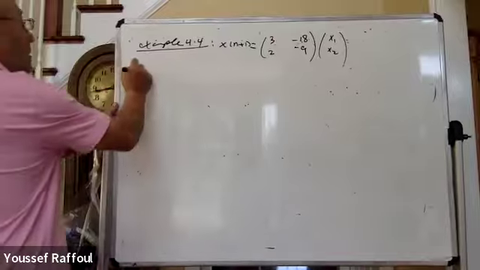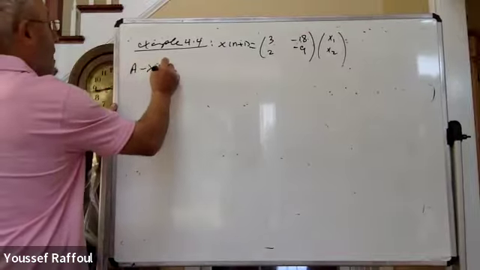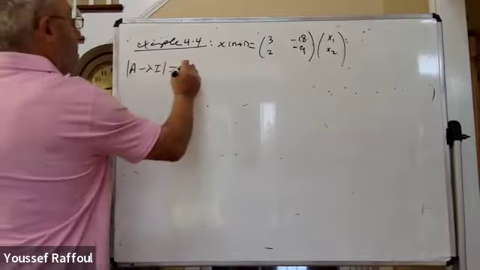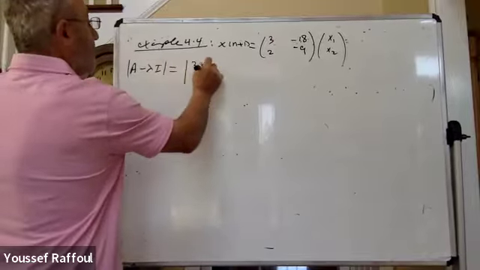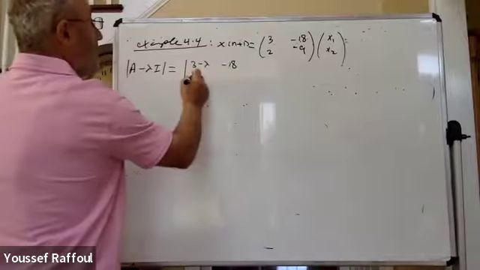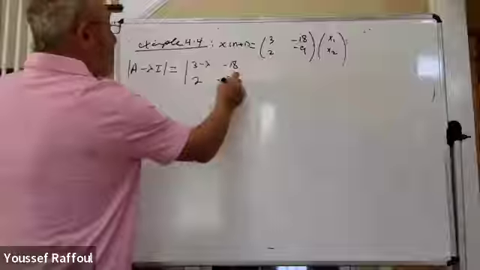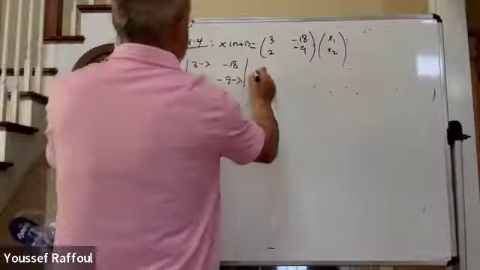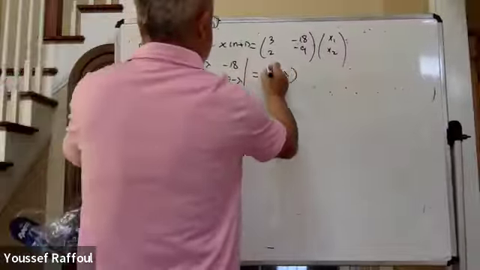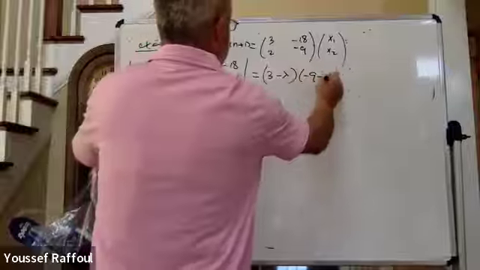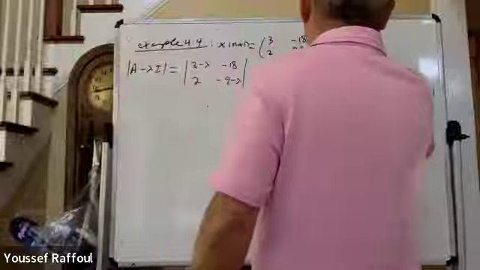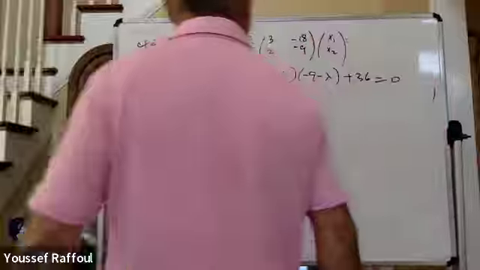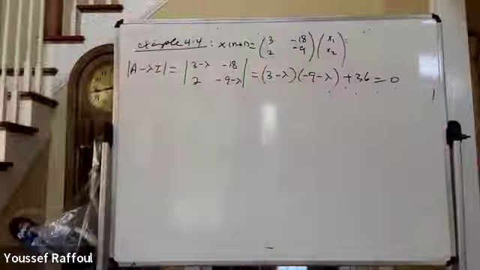If we look at A minus lambda I, that is (3 minus lambda), (minus 18), (2), (minus 9 minus lambda). The determinant is (3 minus lambda)(minus 9 minus lambda) plus 36 equals 0.